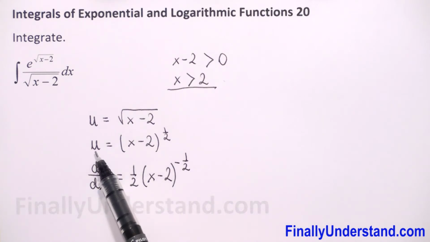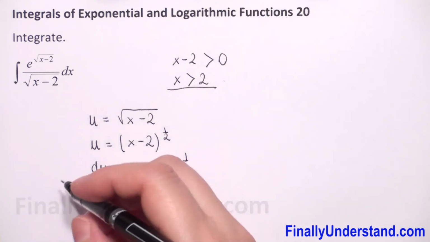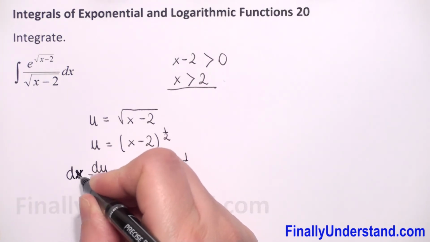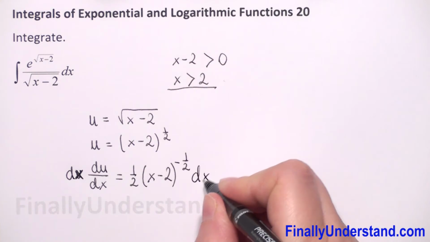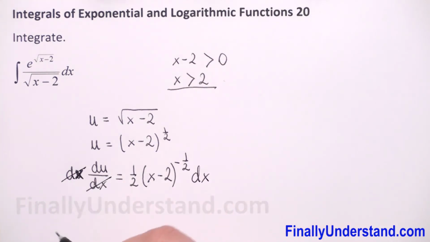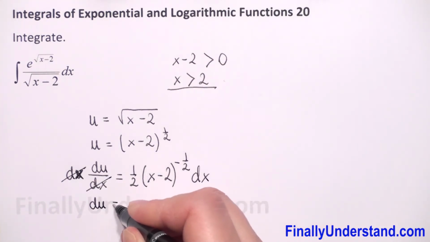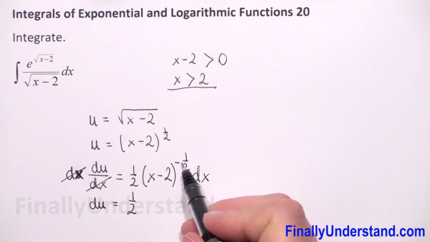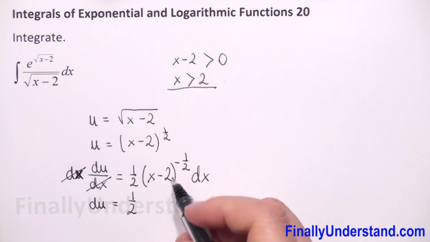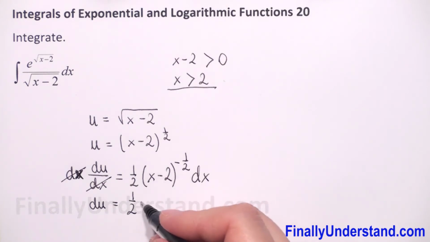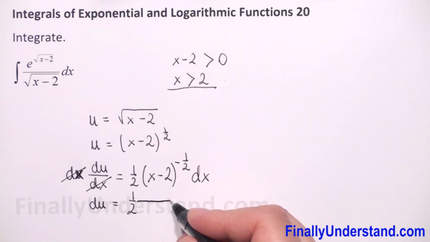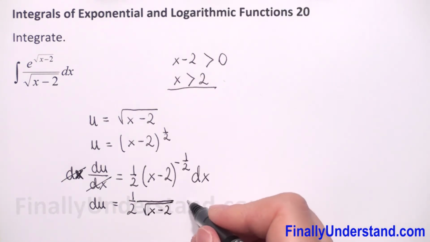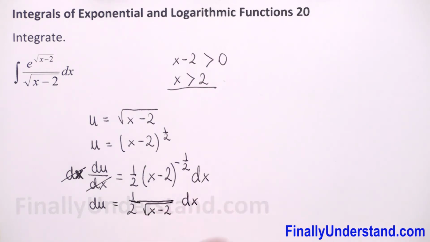We do u substitution, so we have to find du. So I will multiply both sides of our equation by dx. Now we can reduce dx and dx, so we have du is equal to 1/2, and we can change this to a square root form, and because we have a negative sign, the square root goes to the denominator.